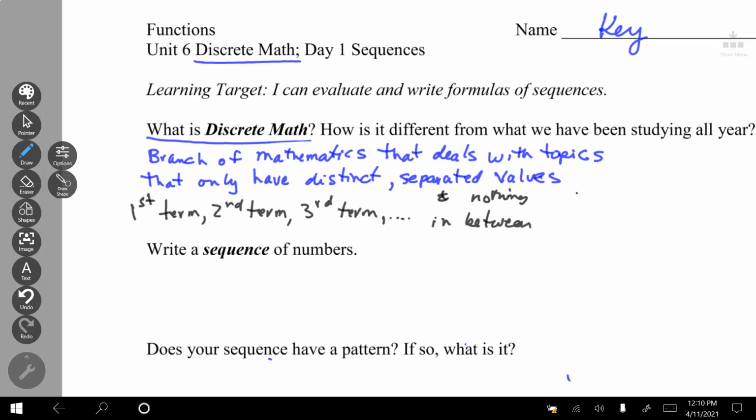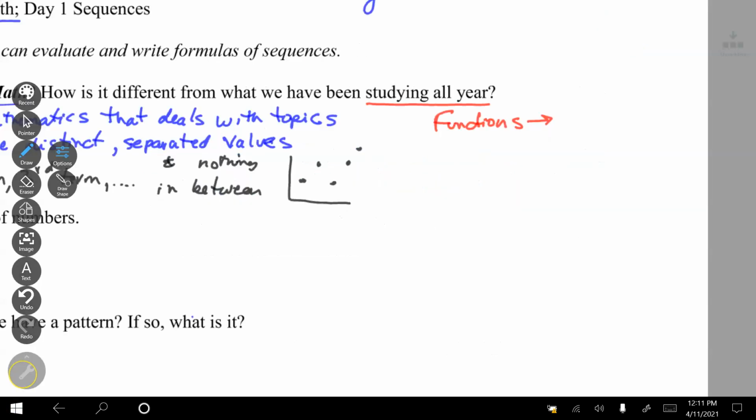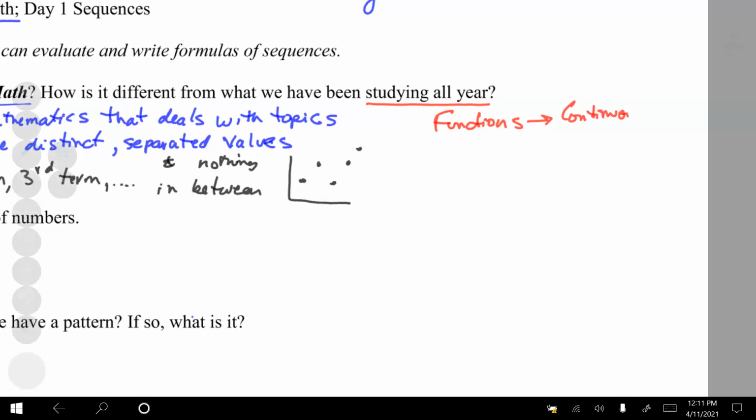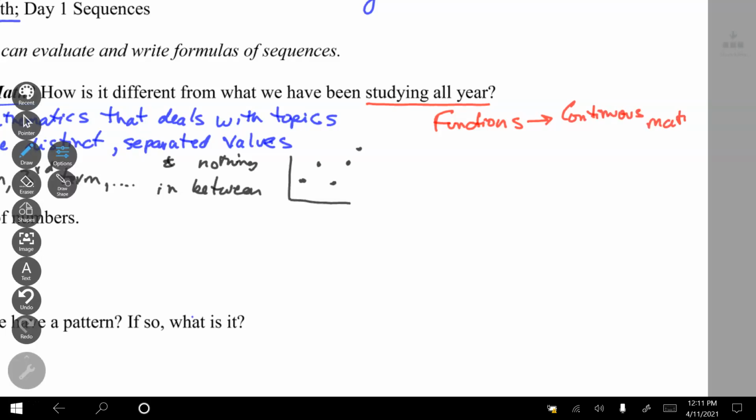And when we graph something like this, and we'll get to that later, it's going to be very separate and distinct values, not connected at all. Very distinct. As opposed to what have we been studying all year? Well, we've been studying functions all year, and everything we've been doing has been continuous math.